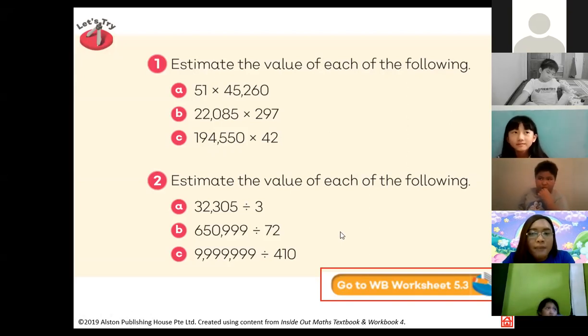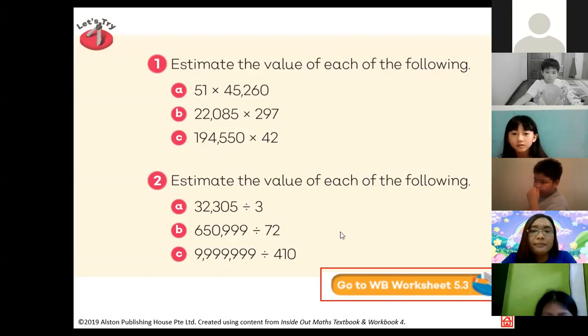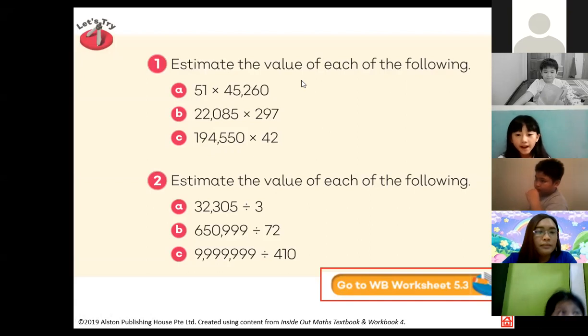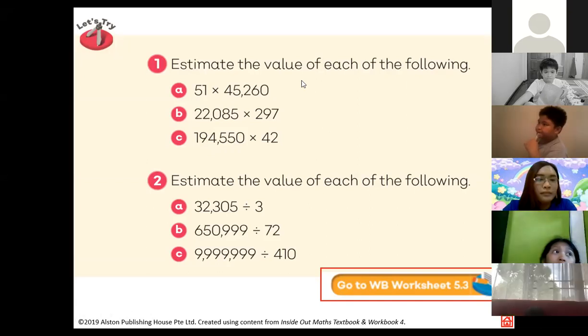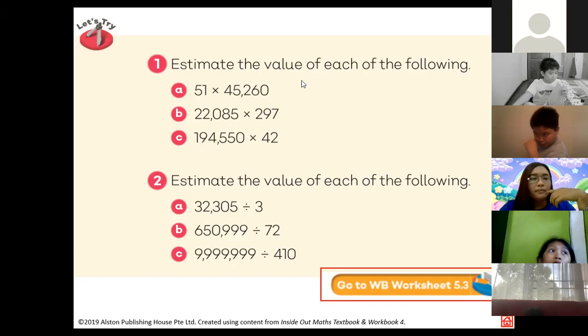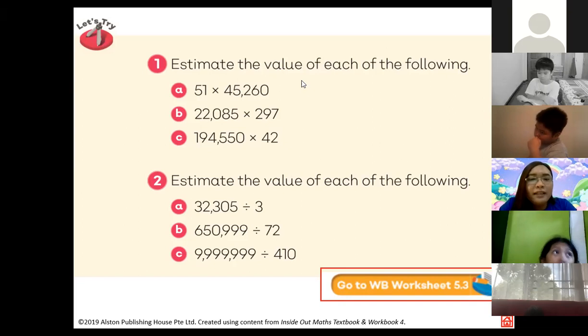Okay, I see Spy raising her hand. Spy, what's your answer? 2,308,260. Again, what's your answer for letter A?